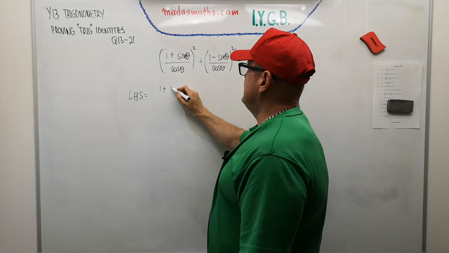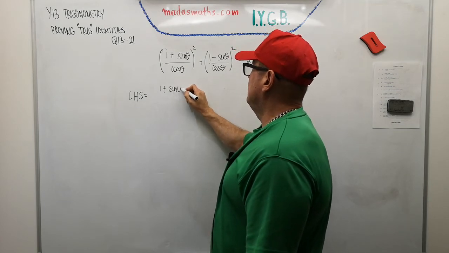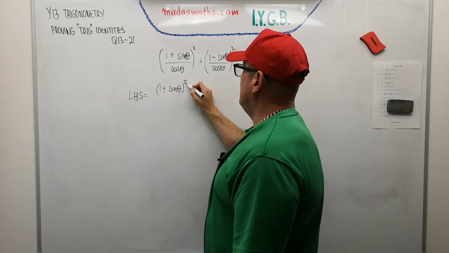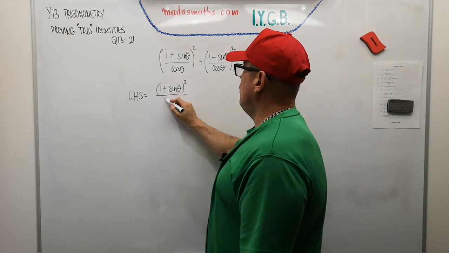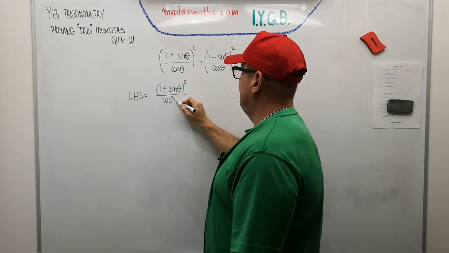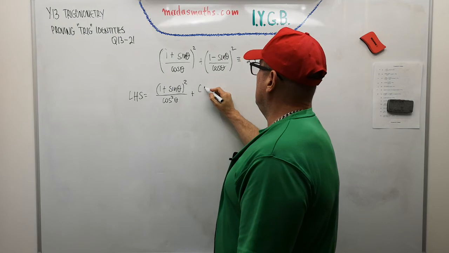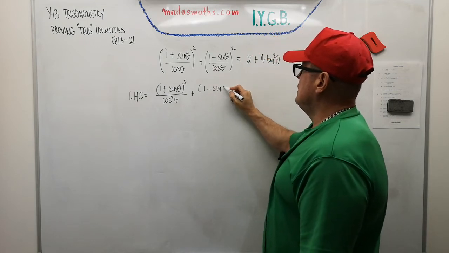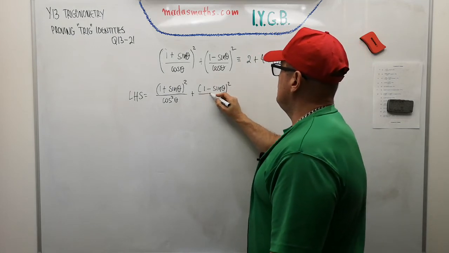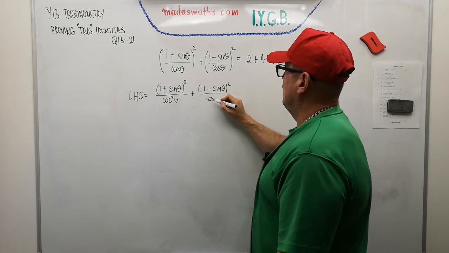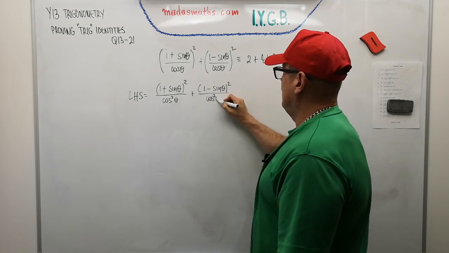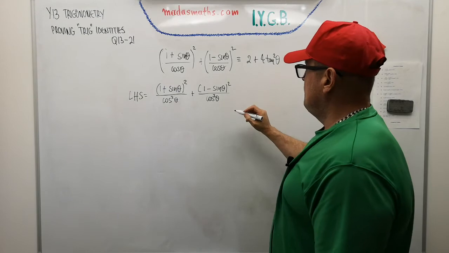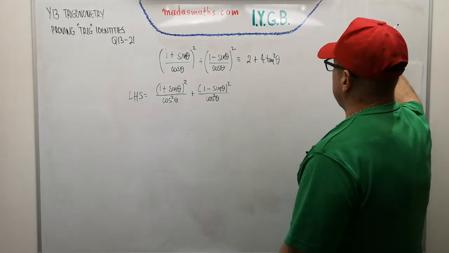That is that squared over cos squared, and the reason for that is quite clear. It's because we're going to get a common denominator.